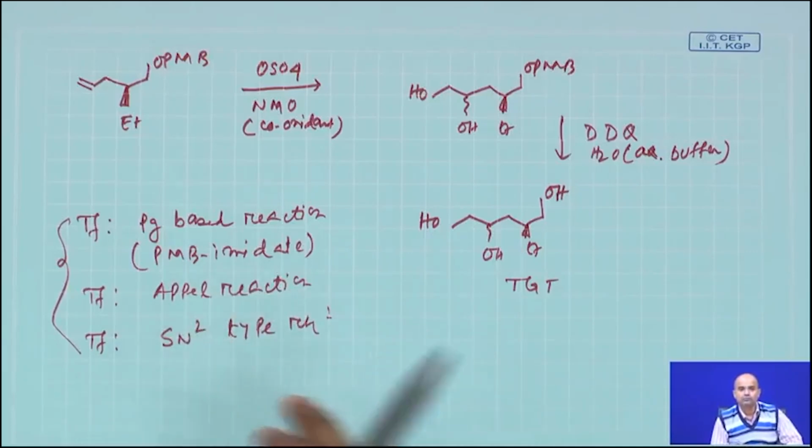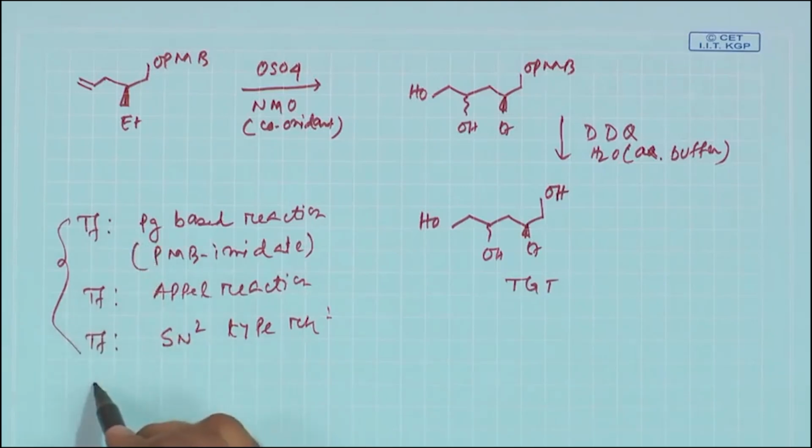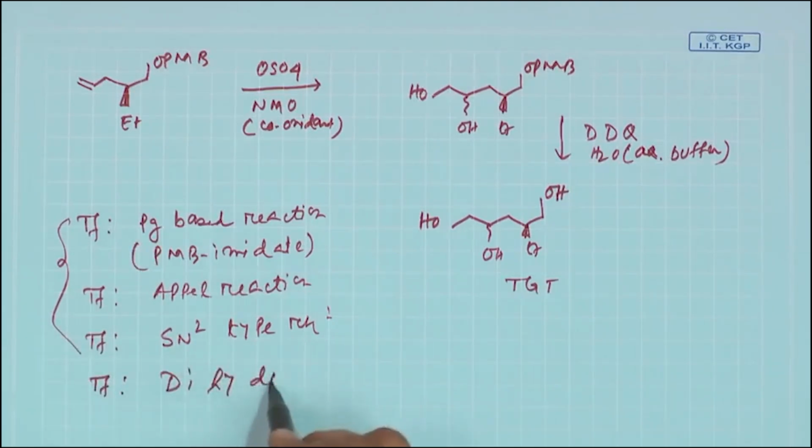So, this alcohol to bromide, you know that this functional group transformation can be easily done with the help of the Appel reaction, and finally we also used a dihydroxylation reaction through an osmium tetroxide mediated dihydroxylation.